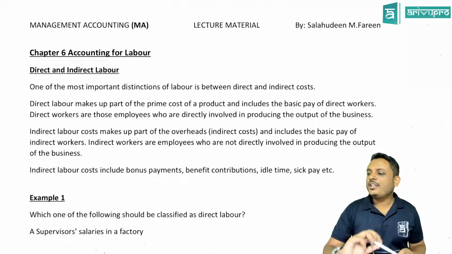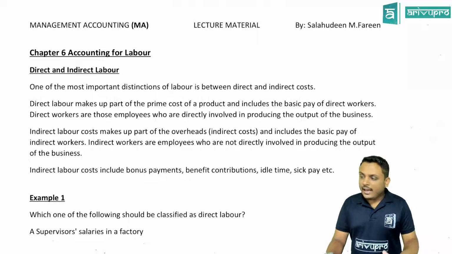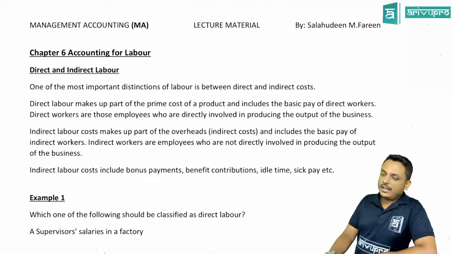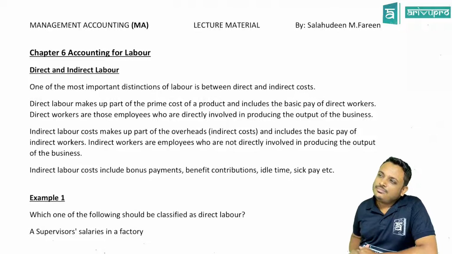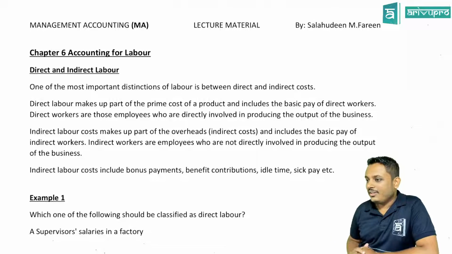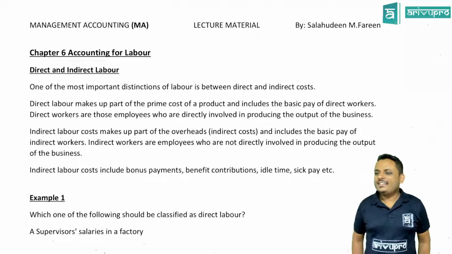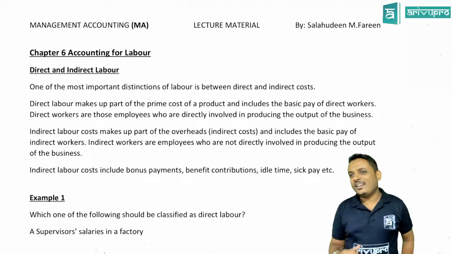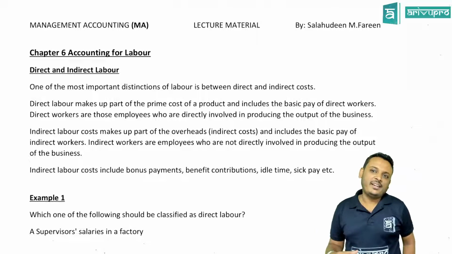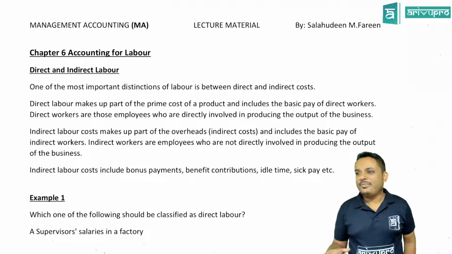Based on the nature, we have direct cost and indirect cost. Direct costs are the costs which are identifiable from the final output. Indirect costs are not identifiable from the final output.